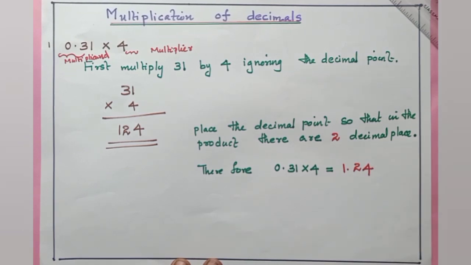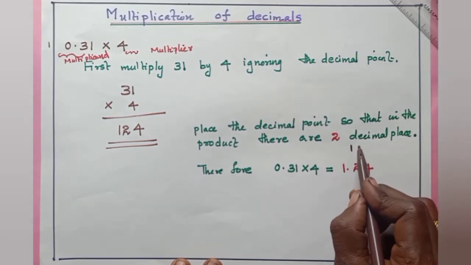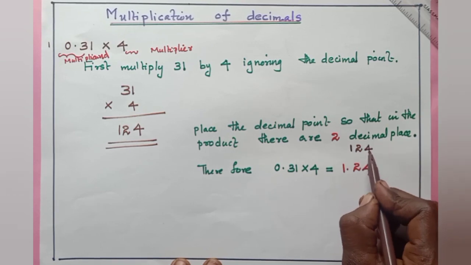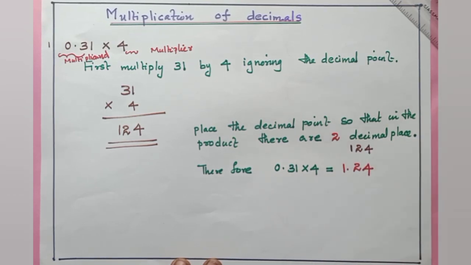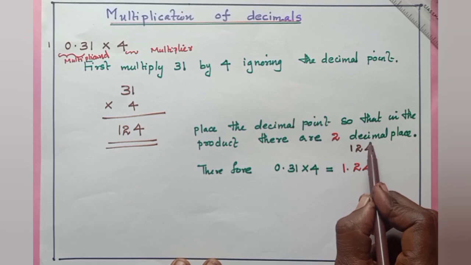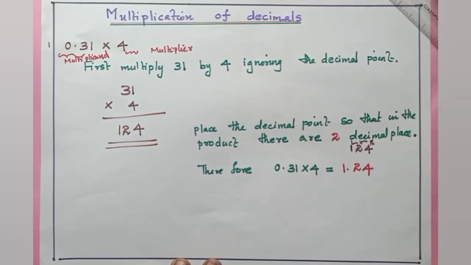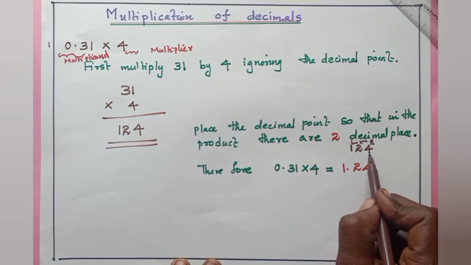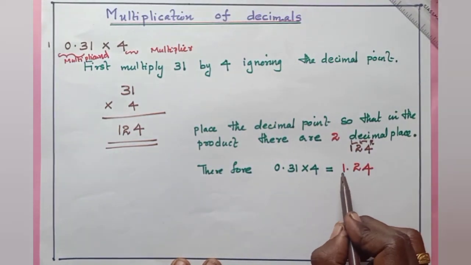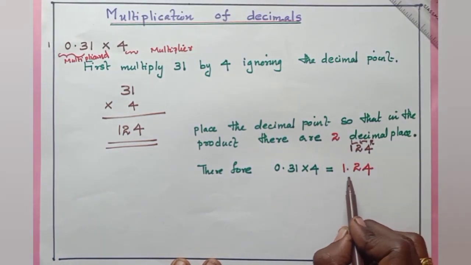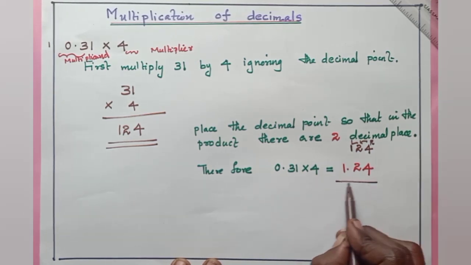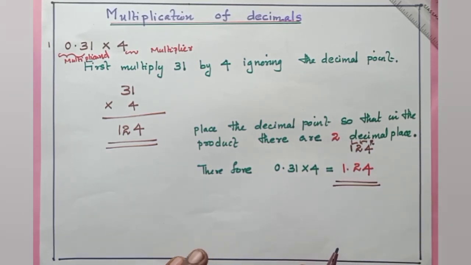The whole number answer is 124. Change into decimal places from right to left. Here 1, 2 decimal places. So we get 1.24 as the answer. Clear all of you?